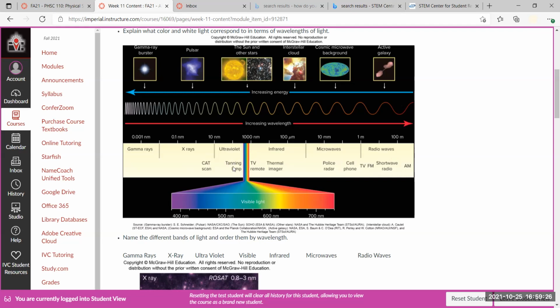Okay, like using a tanning lamp. A CAT scan, for example, uses X-rays. So X-rays are actually more energetic, shorter wavelength in the spectrum, and gamma rays are even shorter wavelengths, extremely high energy compared to everything else.